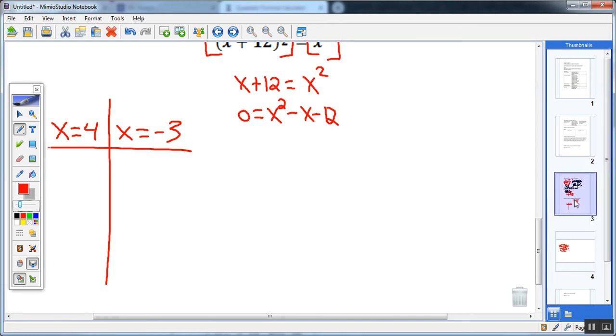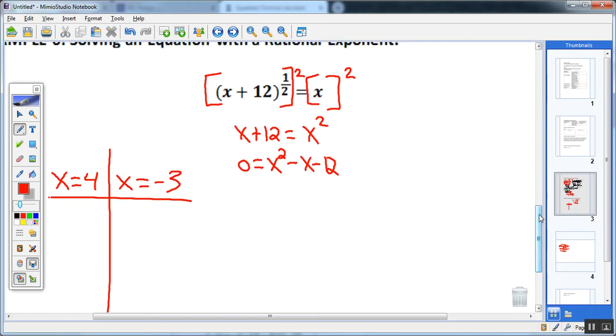All right, let's chat, kids. If I go back into the original function, what is 4 plus 12, kids? 16, and then 16 to the 1/2 power for me. 4. So on the left side, I go 4 plus 12.